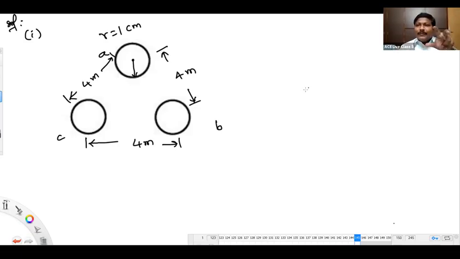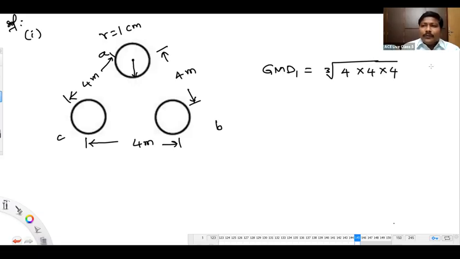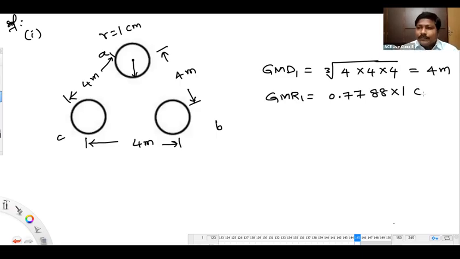What is the GMD of this system? You call it GMD1. GMD of this system is cube root of 4 into 4 into 4, which will be 4 meters. And GMR of this system is R dash, which means 0.7788 into radius.